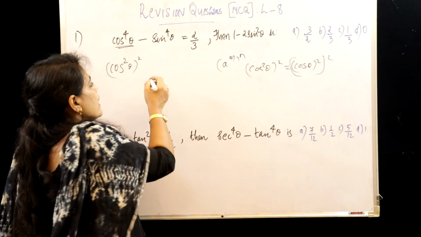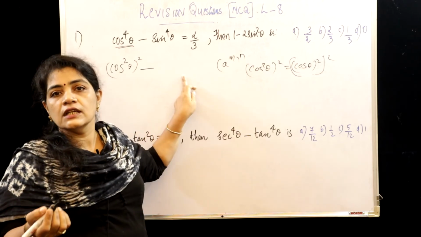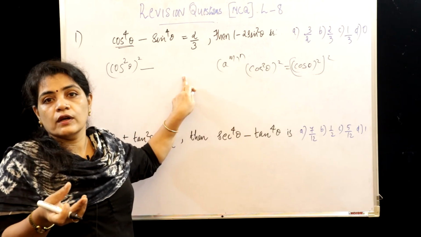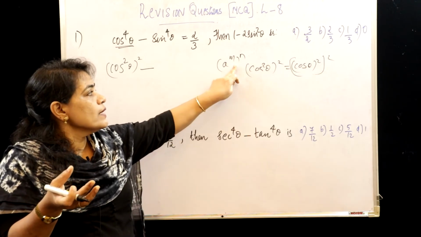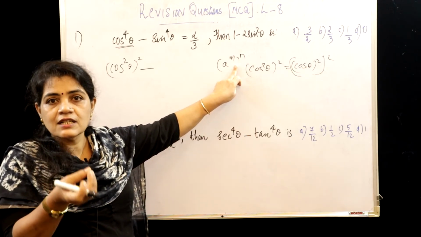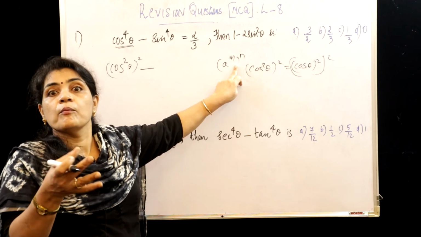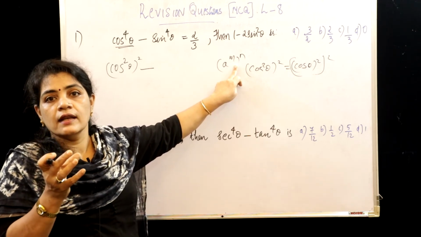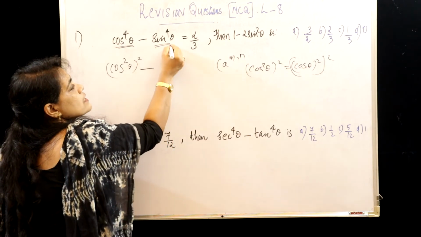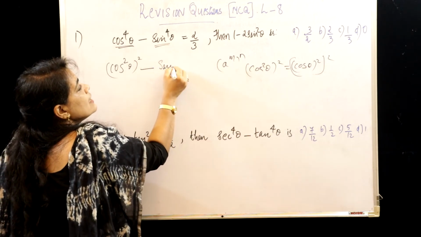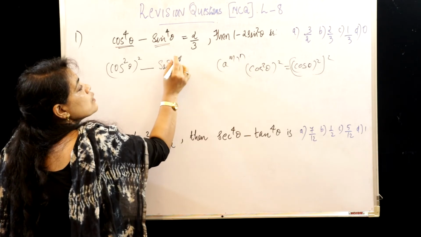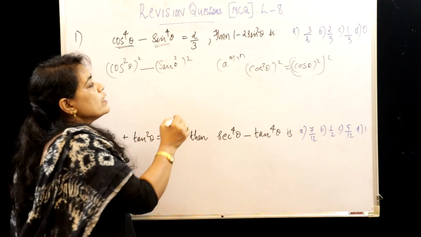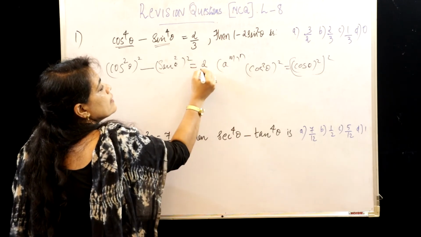In the same way, sin raised to 4 theta, that means sin square theta whole square, if we apply this law, a raised to m whole raised to n equals a raised to mn. And the RHS is 2 by 3.